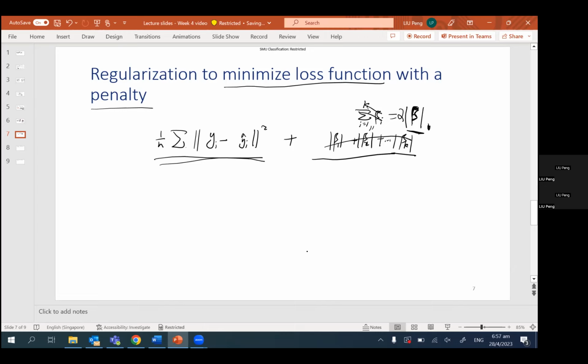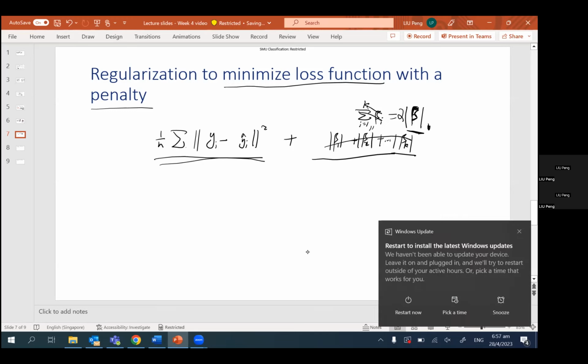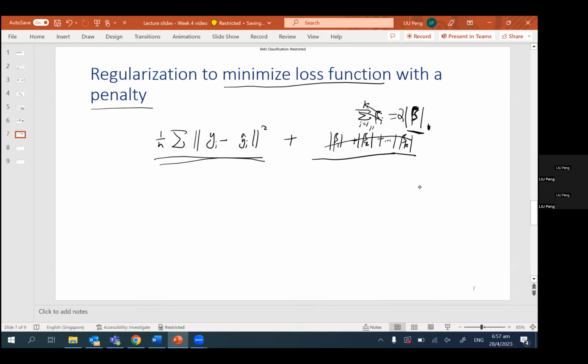So the sum of the absolute values needs to be controlled, and this alpha means that we need to balance between fitting the data and the model complexity. This beta represents the model complexity. So if a certain beta, for example beta 2, is very big, that means the model is very complex. So we do not want a single beta to be very big. That's why we are minimizing the sum of their absolute values as well.